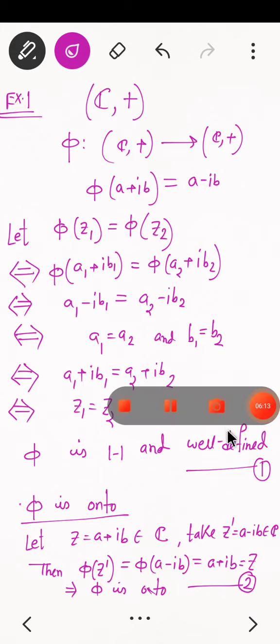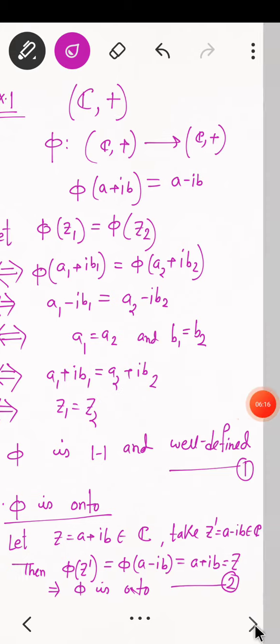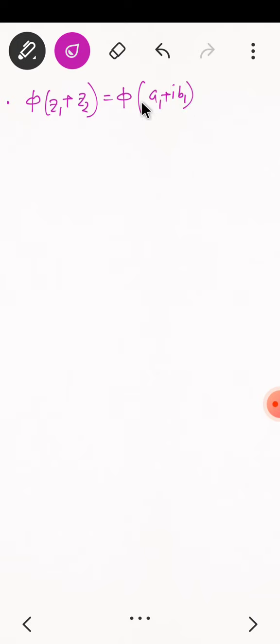Next we show that phi is a homomorphism. So for that, let phi of z1 plus z2, where z1 means a1 plus ib1 and z2 means a2 plus ib2.